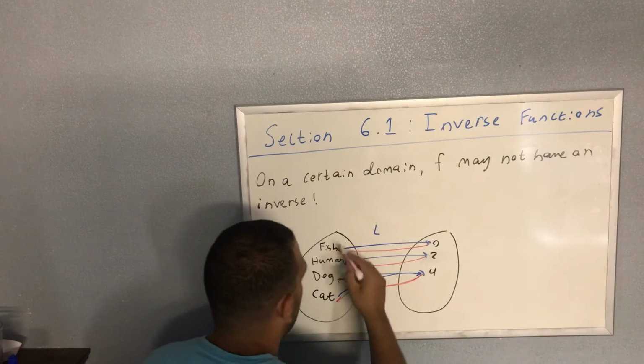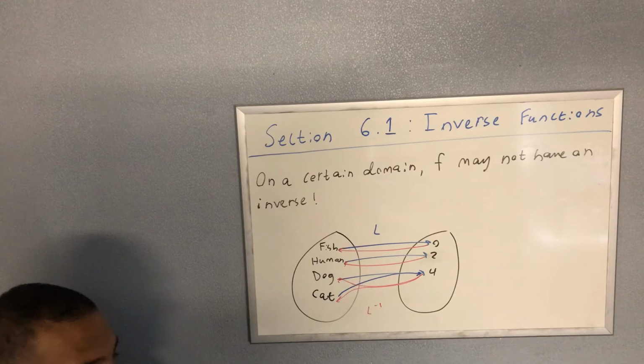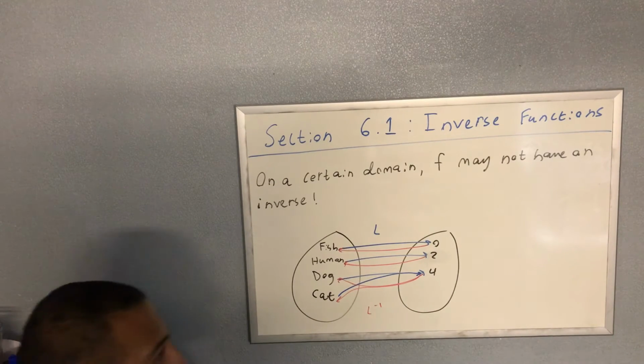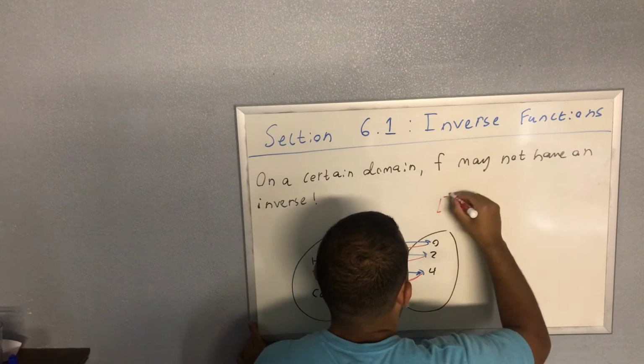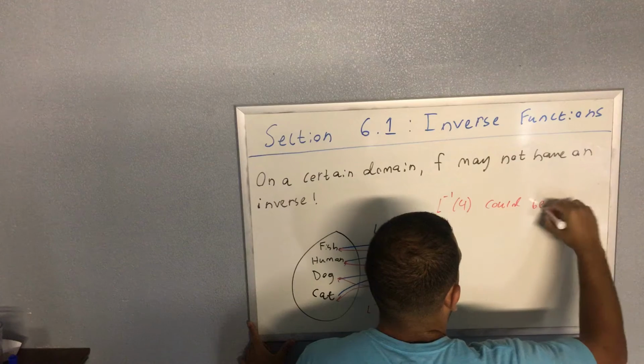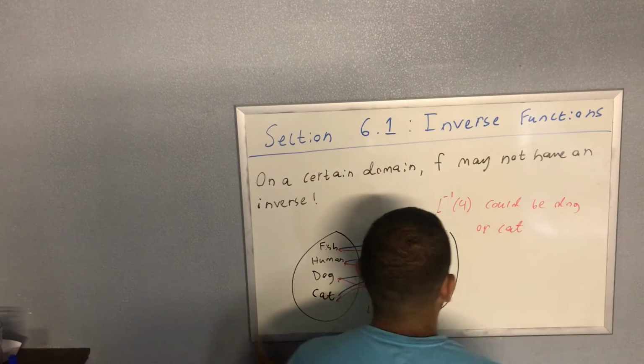If I say, which animal on this list has 4 legs, you'd be like, well, it could be dog or cat. And then it's not clear. Then L inverse of 4 could be dog or cat, which is not good.